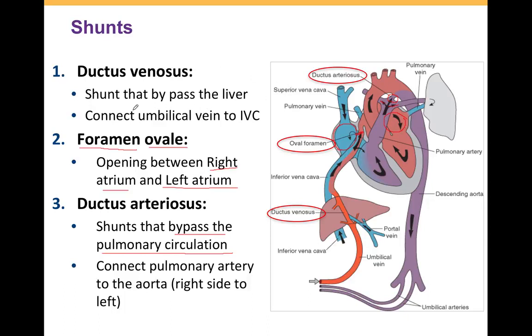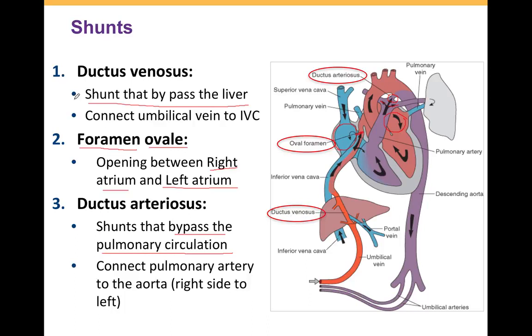Last one, we said we don't really need the liver to detox your blood, because the blood is actually coming from the mother and it's supposed to be already detoxed. So you're basically bypassing your liver by creating a duct called ductus venosus.